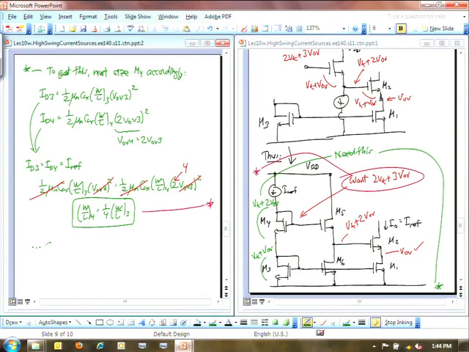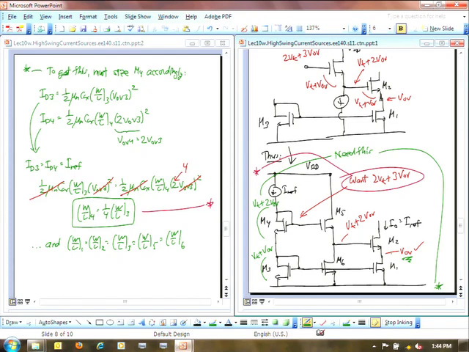So I can add to this W over L1 equal to W over L2, of course equal to W over L3. We know what W over L4 is, equal to W over L5, equal to W over L6. And so that's the design strategy that will put this overdrive at the drain of M1, and that will give you the maximum output swing. V out min equals 2 overdrives. Okay?